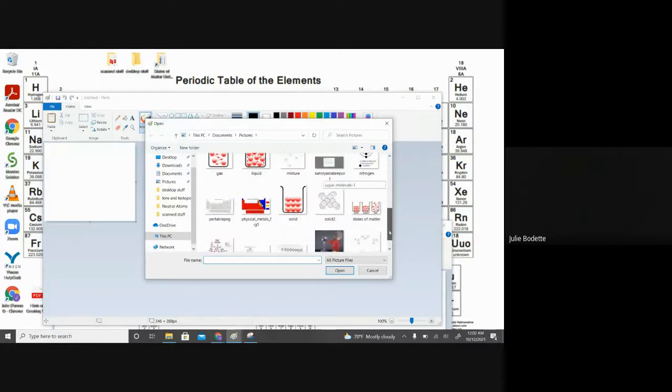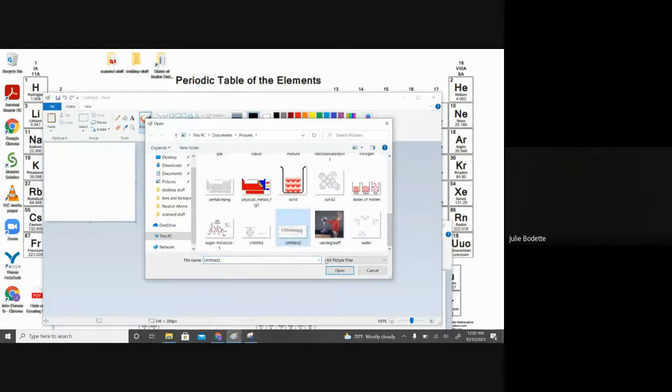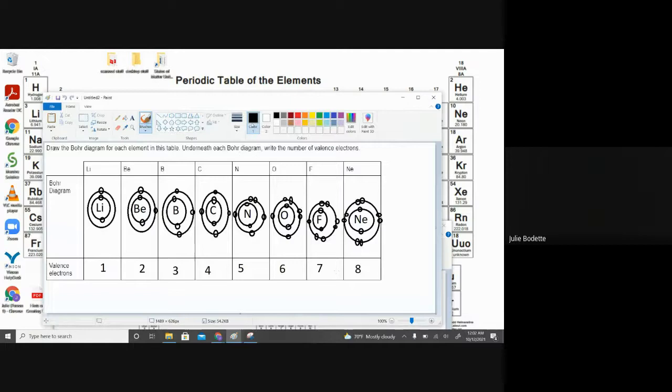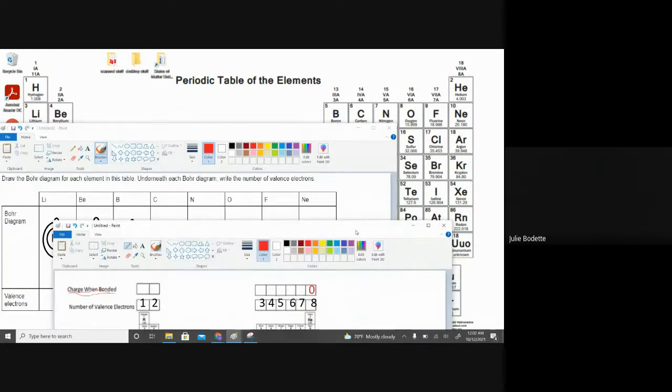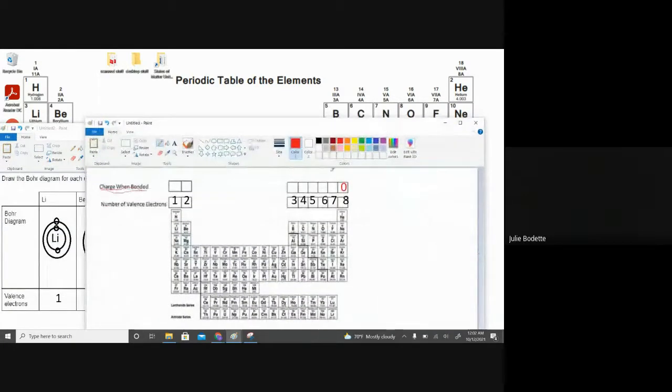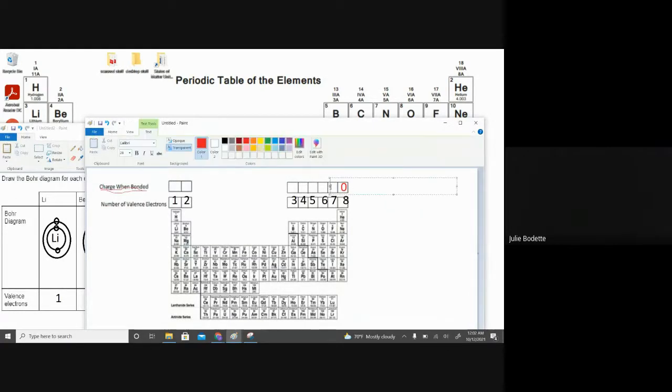I am not an artist, by the way. There we go. All right, so here's fluorine. Fluorine's going to gain an extra electron. There's our electron, right? Okay, fluorine gains an electron. So what would its charge be if it gained 1? Well, remember, when you gain an electron, you get a negative charge, right? So it will have a charge of -1.